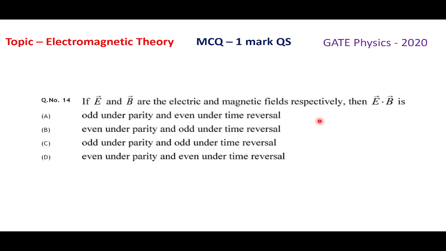In the case of force, you can easily identify what will happen under the parity operation and time reverse operation, because force is simply mass times acceleration, that is d squared x by dt squared, or in 3 dimensions d squared r vector by dt squared. So you find how the force behaves, and then you compare with the right hand side, and you know the Lorentz force expression, right?